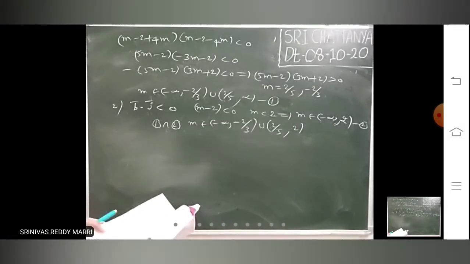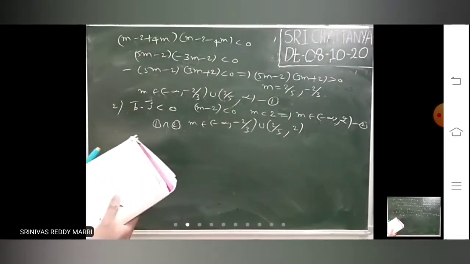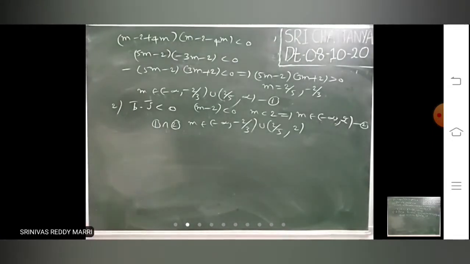Next, we'll start the next concept. Next one is cross product of two vectors.